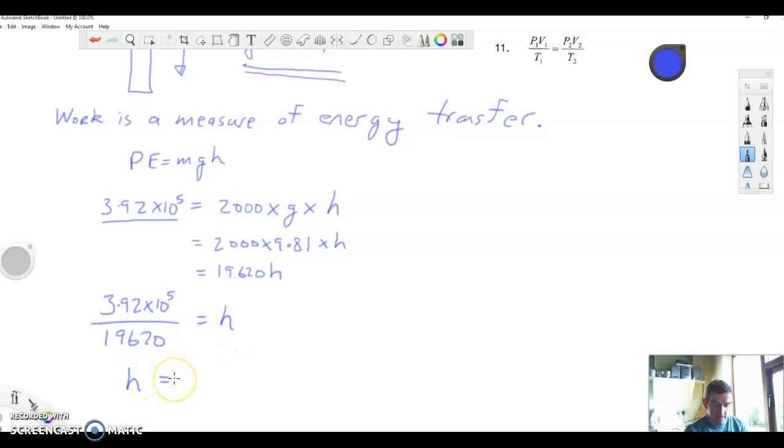So our height is, using the fraction key, 3.92 by 10 to the 5 divided by 19,620, and press SD, and I come out with a height of 19.98, rounding to 2 decimal places, and that's in meters.